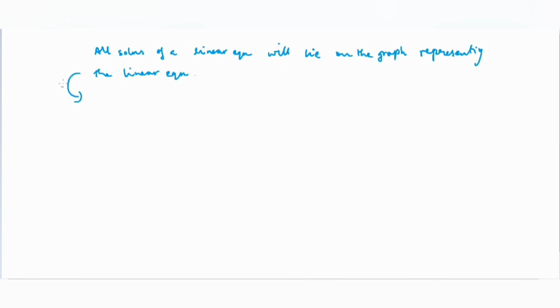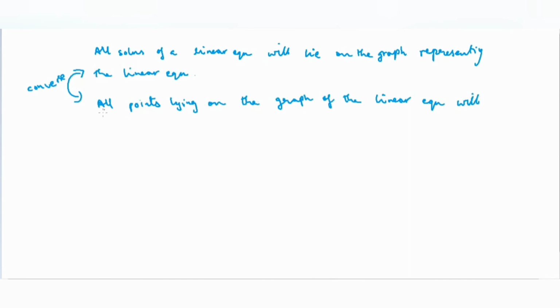And the converse of this is, converse means opposite, all points lying on the graph of the linear equation will be solutions of the linear equation.